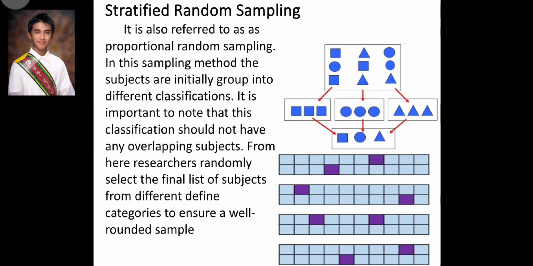From those categories, in each category, we choose so that our sample has mixed information, or they call this proportional. That is the stratified random sampling.